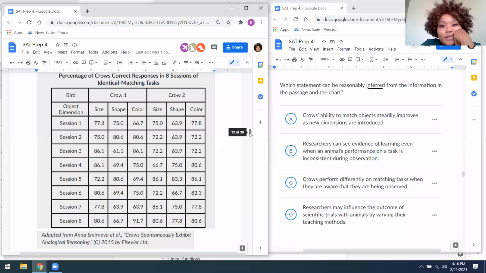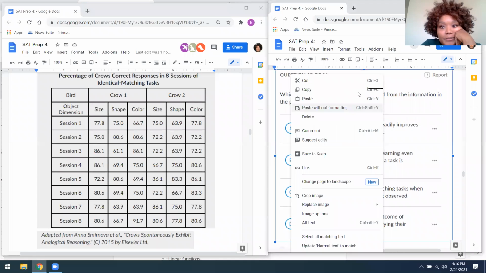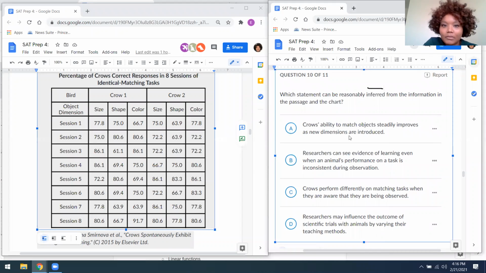As DM said, within the answer choice, it says, which statement can be reasonably inferred from the information in the passage in the chart?